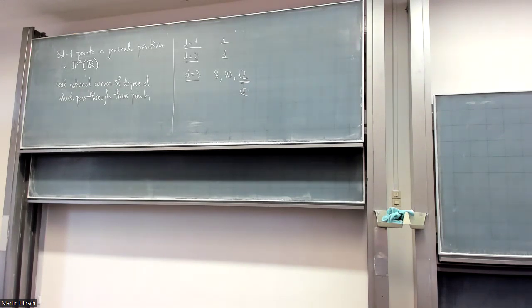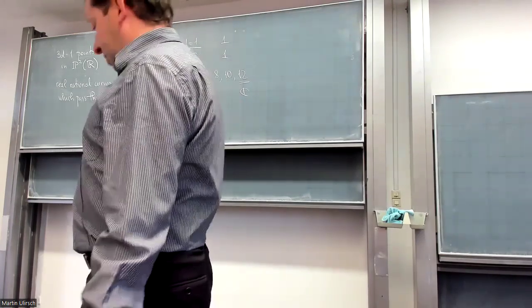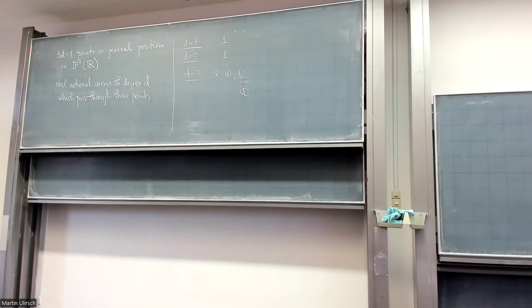So all the 3 values are realizable. I know how to construct configurations of points. Sorry? Are these regions connected? I think no. I think no.